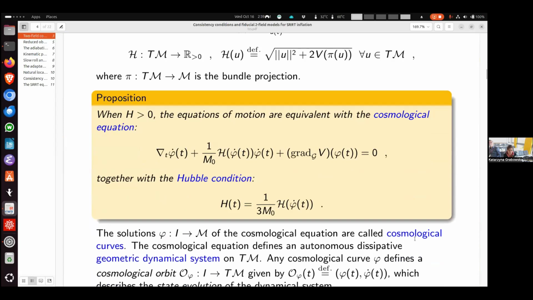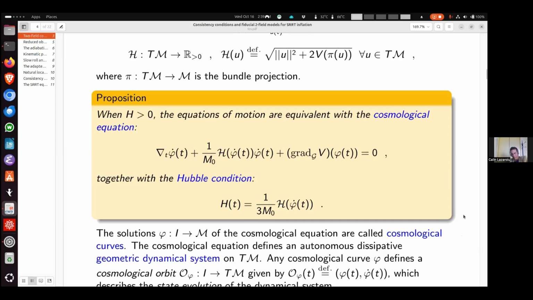There are equations for two things. First is this curve phi, and the second is encoded somehow in the Hubble condition, and this is probably the equation for the function A, which is part of the metric on R4. Yes, so the Hubble condition determines the scale factor, this A of t, up to, of course, a multiplicative constant. And my question is, what is the physical interpretation of the surface M?